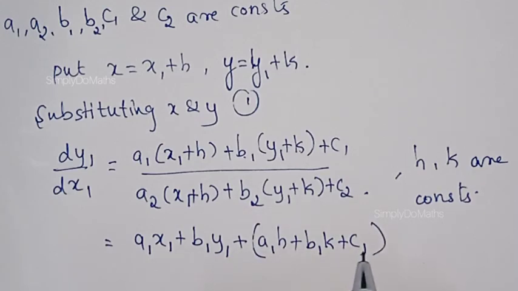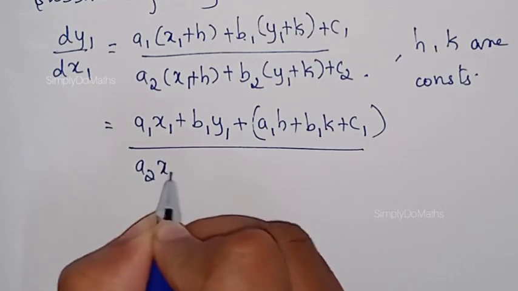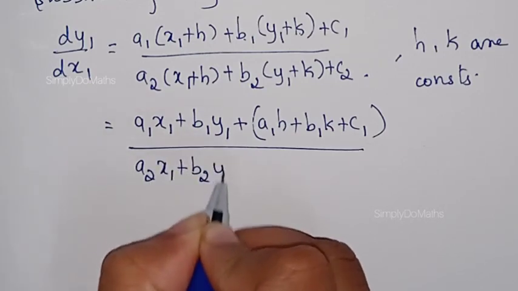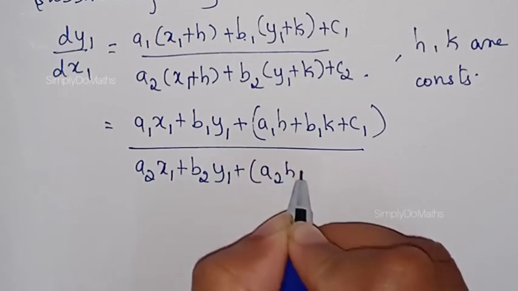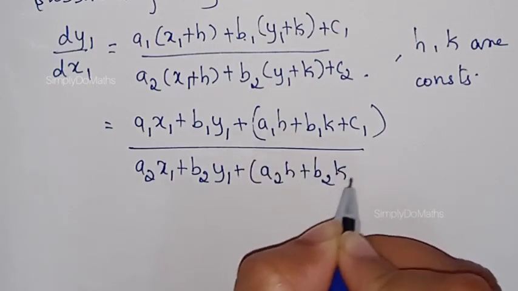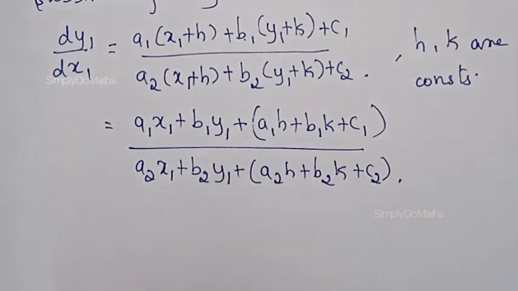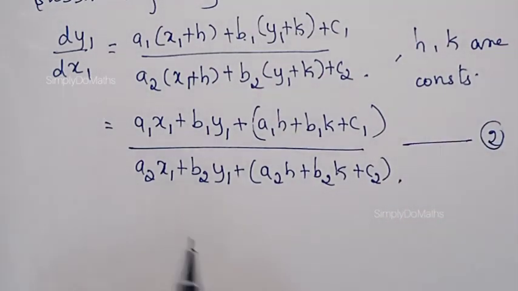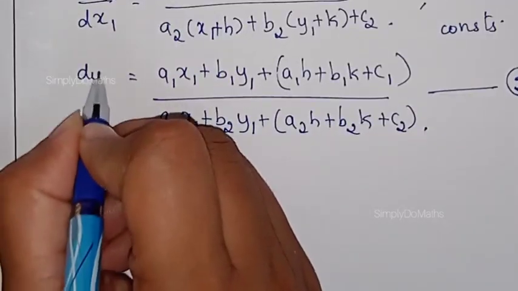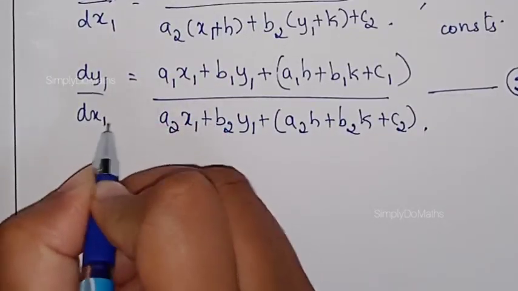This will be the term of constants, divided by a2 x1 plus b2 y1 plus, here a2 h plus b2 k plus c2. Call this equation 2. The value is dy1 divided by dx1.